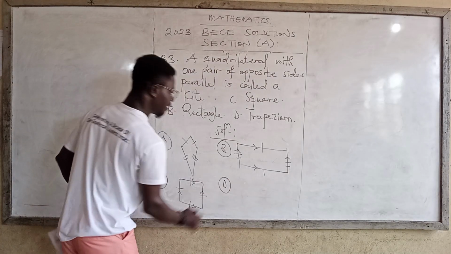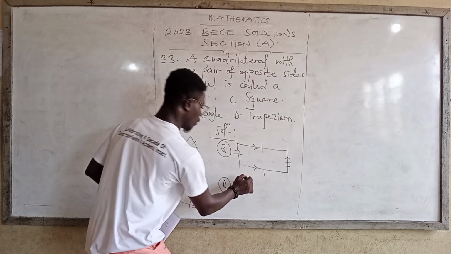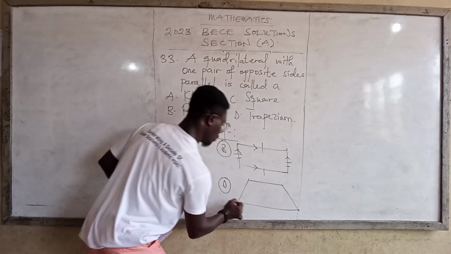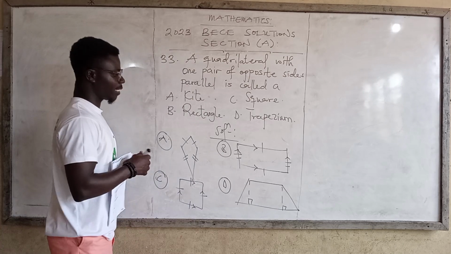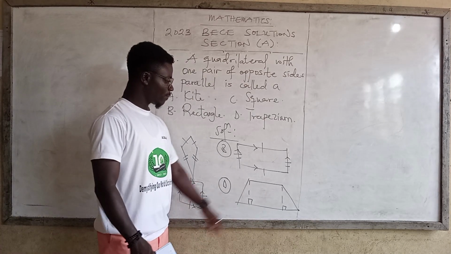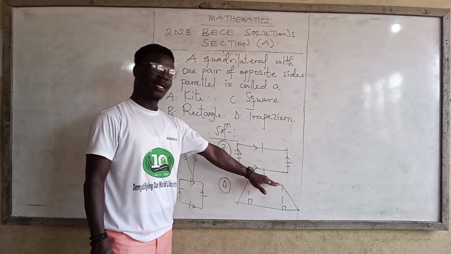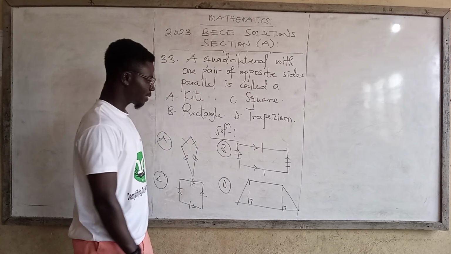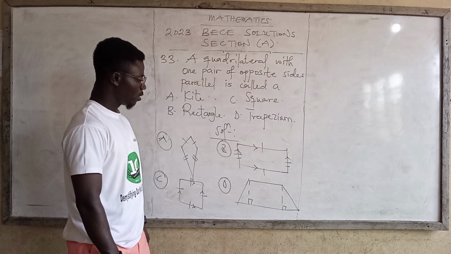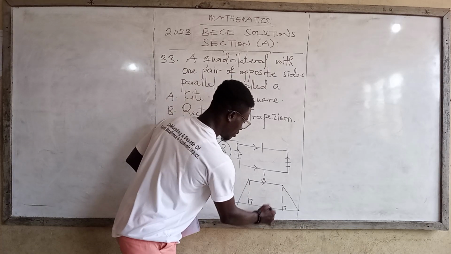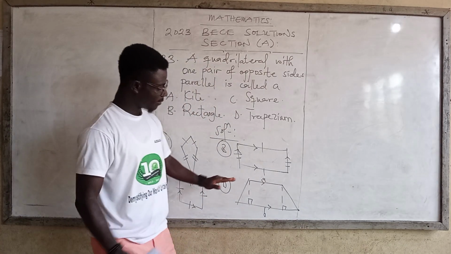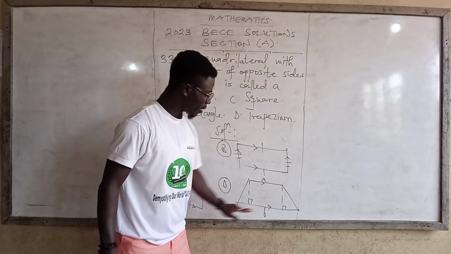Then let's see for D, trapezium. So trapezium, 90 degrees. That's the distance from this length to the base length, right? All right, so I have here to be A, then here to be B. So you can see that this line is parallel to what?